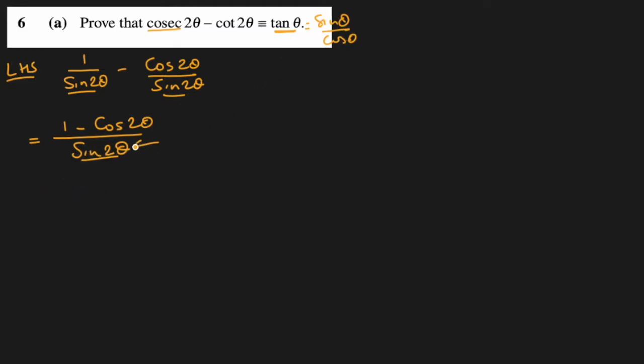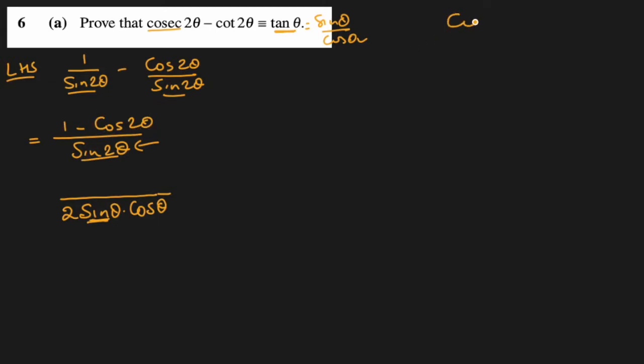So let's look at the denominator first. Sin 2θ can be written as 2 sin θ cos θ. This identity is part of your formula sheet. Now I need the cos θ in the denominator, that means this sine should go. So what will I do? I will convert this cos 2θ.